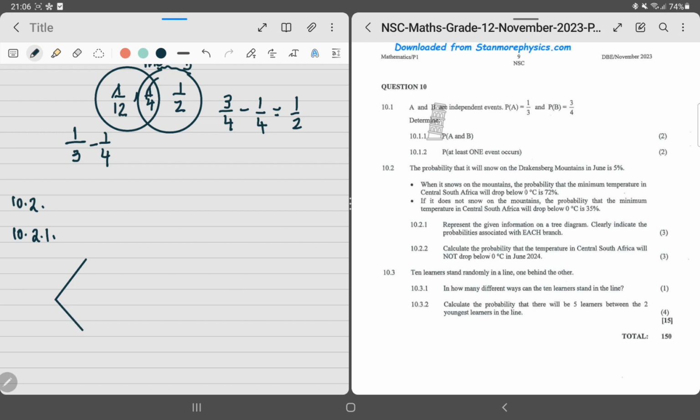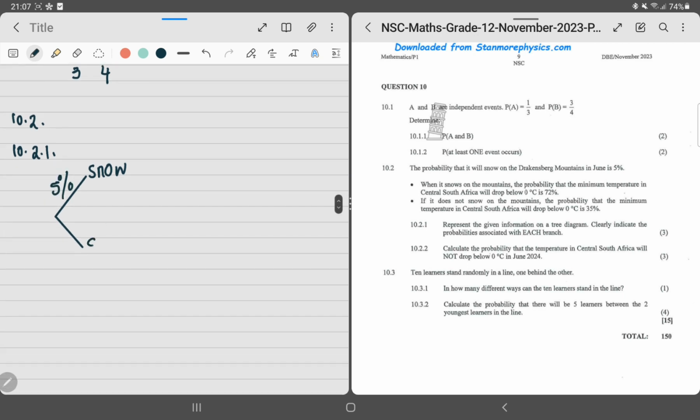So the probability that it will snow is 5%. Meaning that the probability that it will not snow should be equal to 95%. When it snows on the mountains, the probability that the minimum temperature will drop below 0 is 72%.